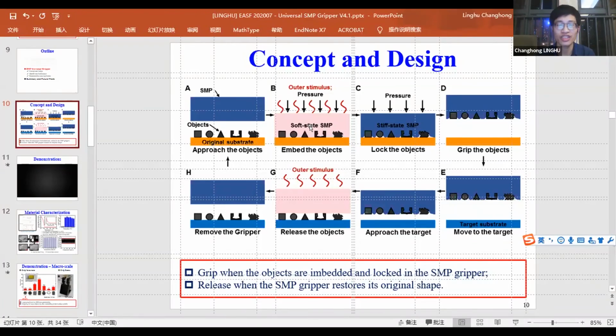It's more stiff compared to hydrogel, so it cannot work to grip very soft materials like hydrogel, or for example, a boiled egg. Okay, thank you.